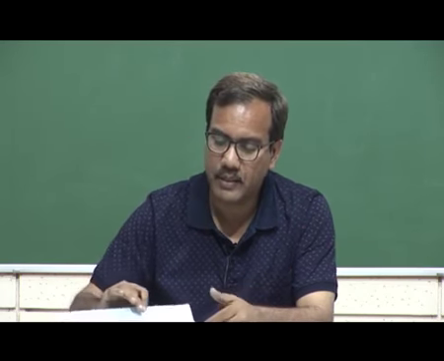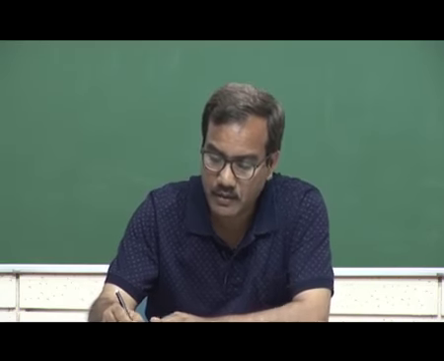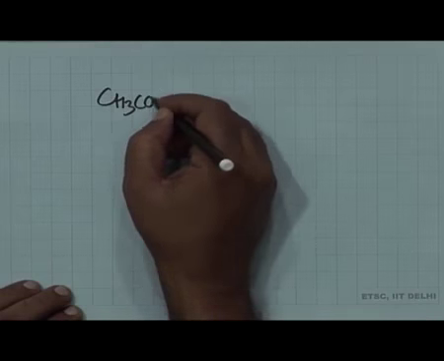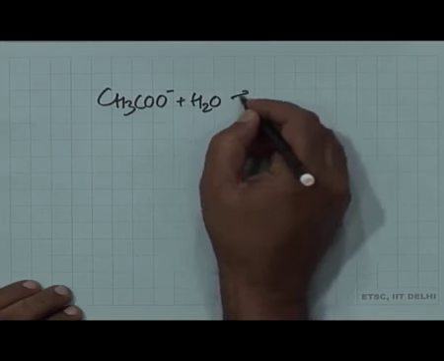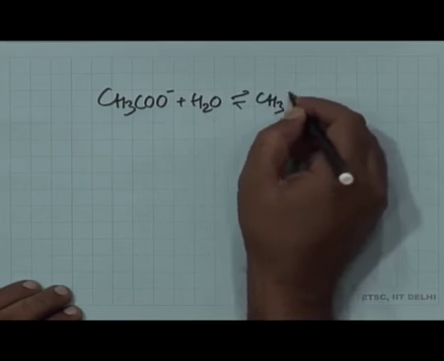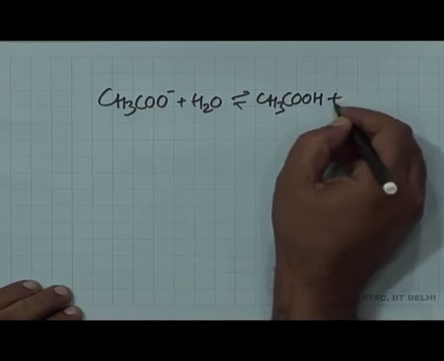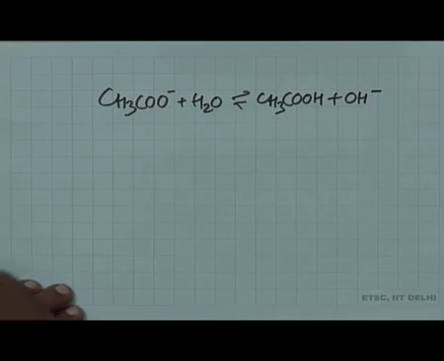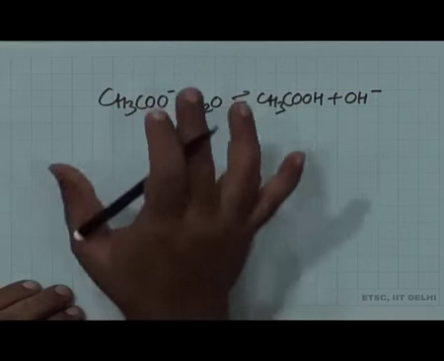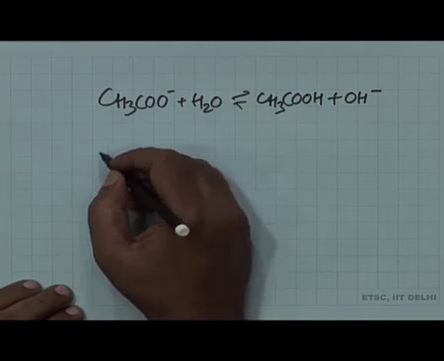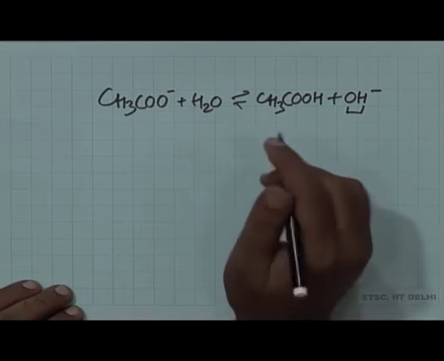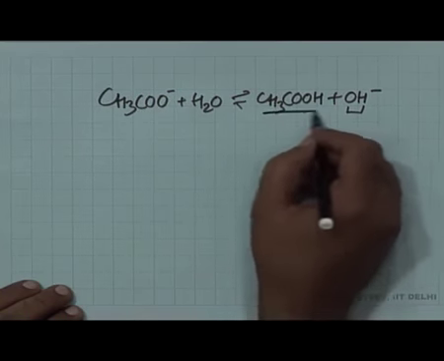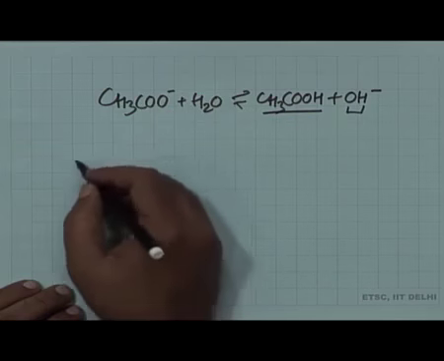So, let us consider again this reaction: CH3COO minus plus H2O giving you CH3COOH plus OH minus. Now I need to calculate the OH minus ion concentration if I know the acid dissociation constant of acetic acid, which is a weak acid.